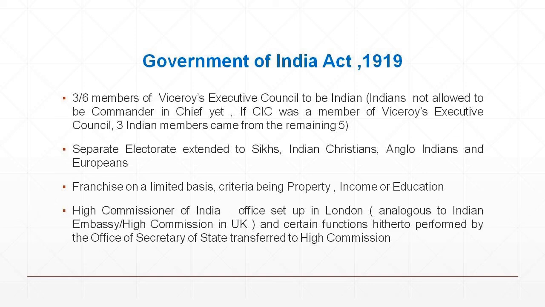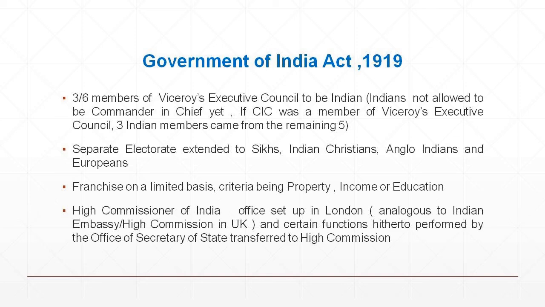In 1919, this was extended to Sikhs, Christians, Anglo-Indians and Europeans, but not to Dalits, not to the scheduled castes. A system of reservation, not separate electorates, would come into operation for scheduled castes after 1932, that is in the Government of India Act of 1935. So now we are in 1919. Except for the scheduled castes, everybody is having a system of separate electorates.